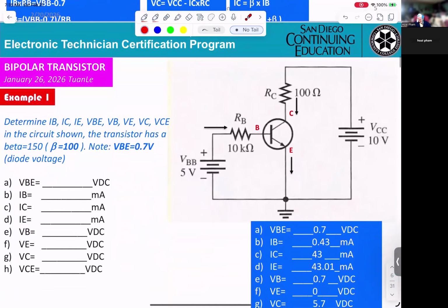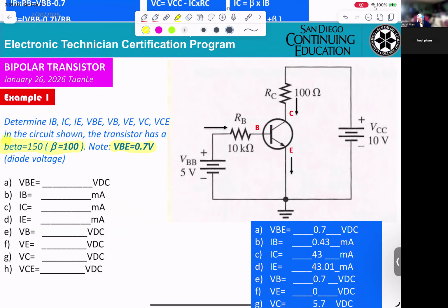Now, try to see a very basic circuit. Okay, they want to calculate the VBE, IB, IC, IE, everything in the circuit shown. However, they give you beta equal 100 and VBE 0.7.